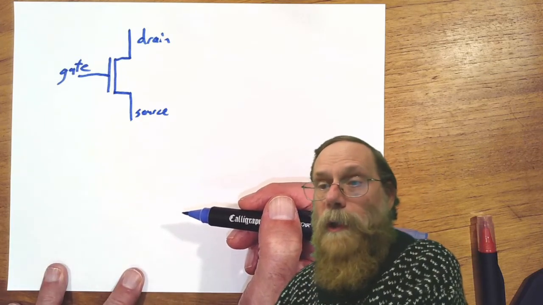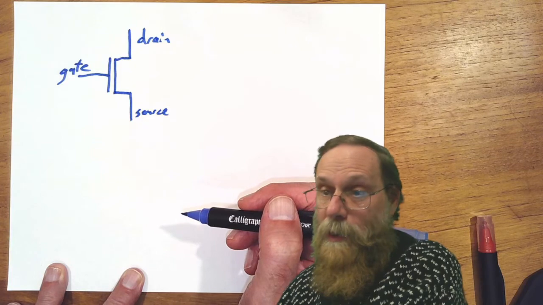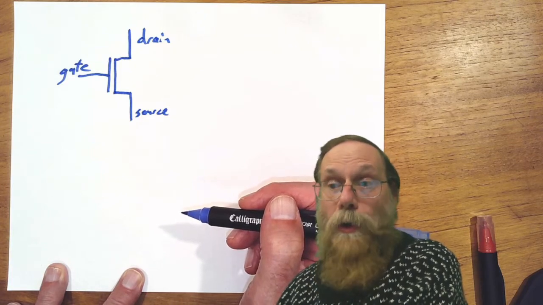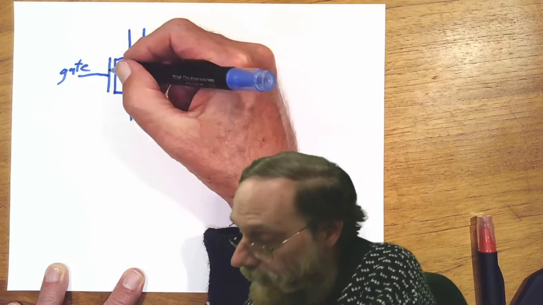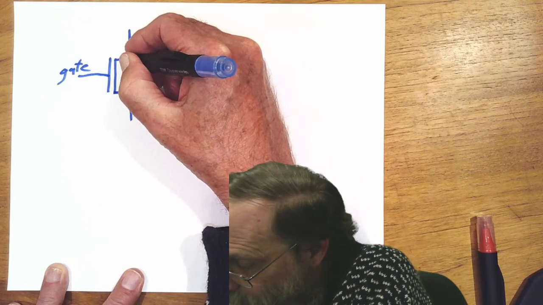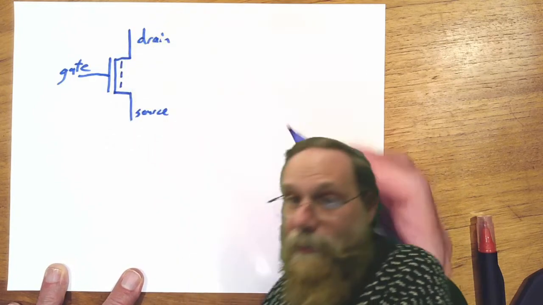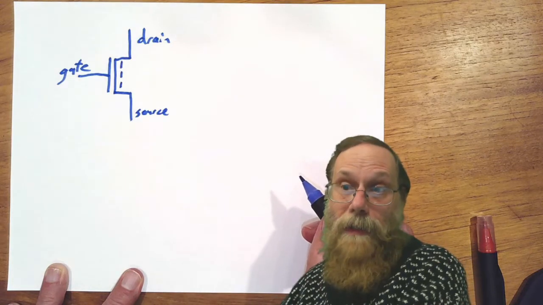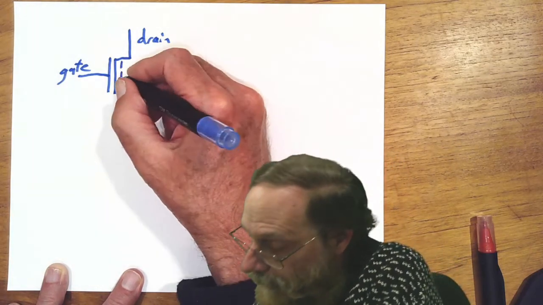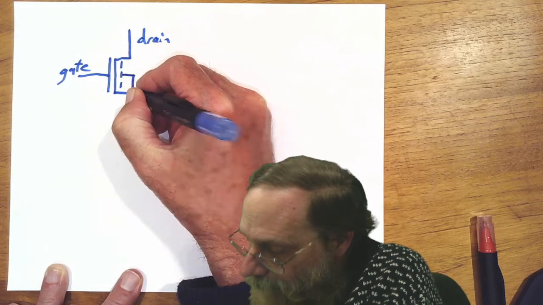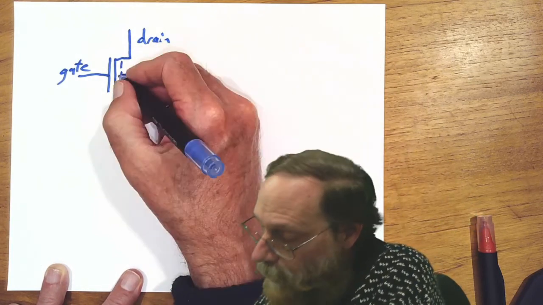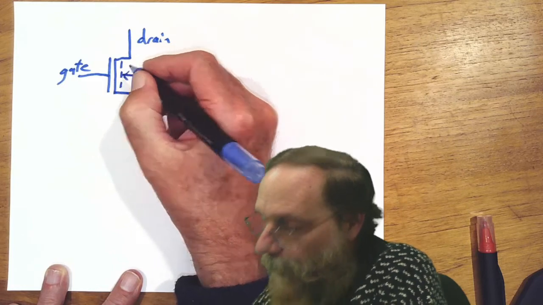We'll deal only with enhancement mode ones, which are basically turned off by default and get turned on by voltages on the gate. And the enhancement mode is shown by drawing a dashed line behind the channel, and then connecting the middle of that dashed line to the source with an arrow.